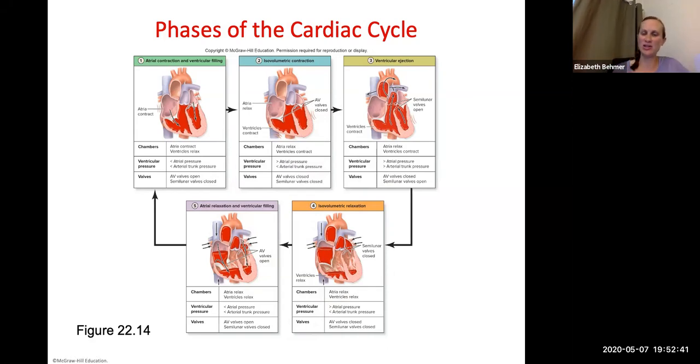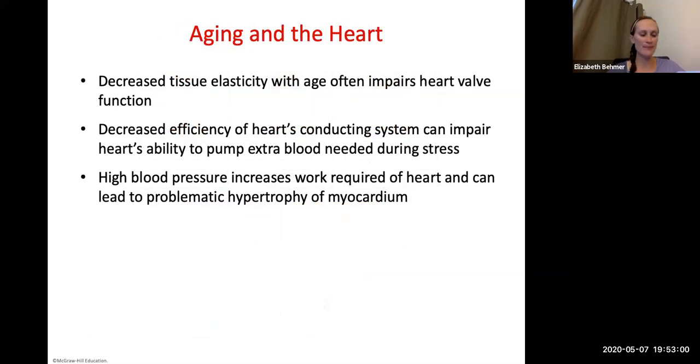So we get this circular cycle, and all of the events involved in a single heartbeat. That includes the chambers contracting and relaxing, the pressure, the valves opening and closing, and also the electrical activity. We combine all of that into what we call the cardiac cycle.